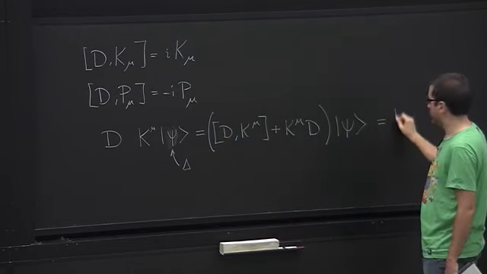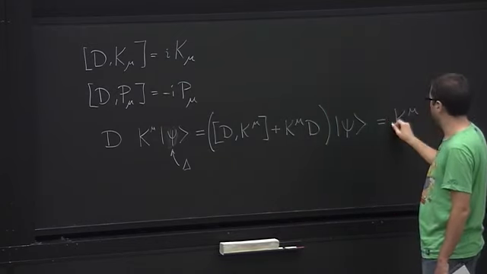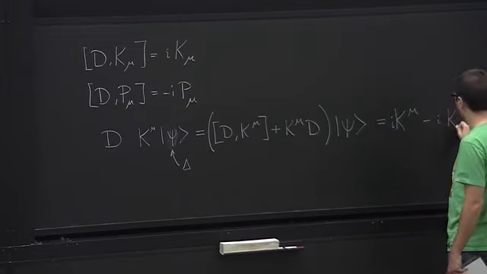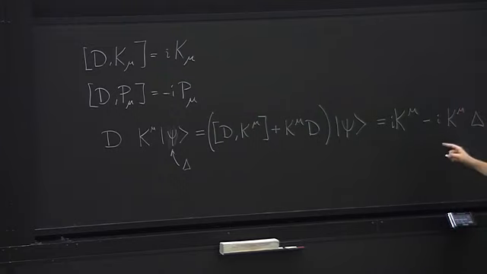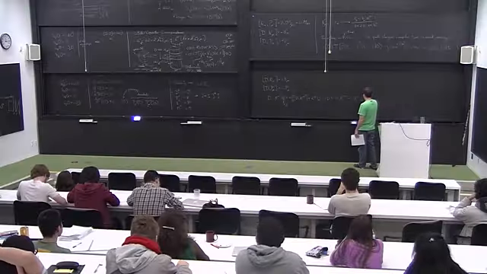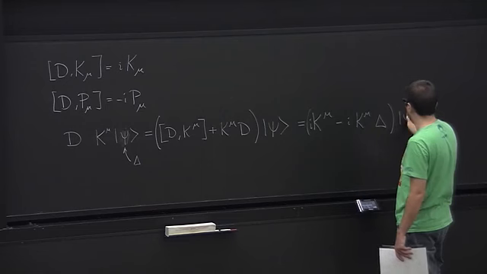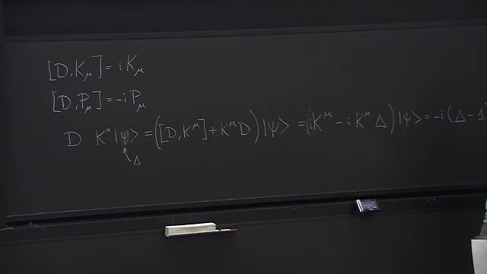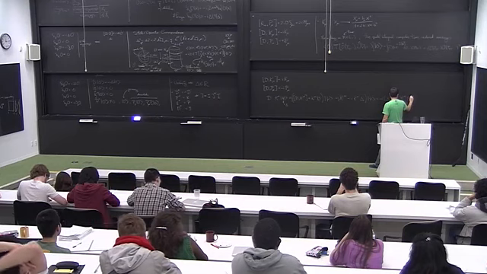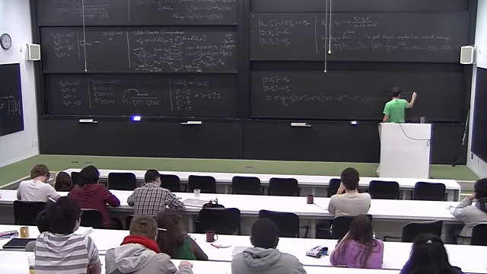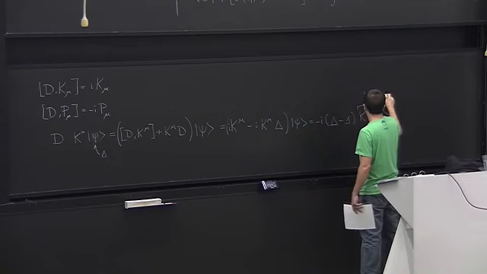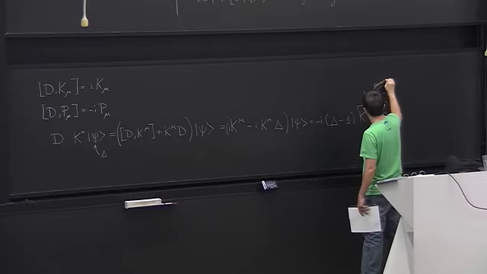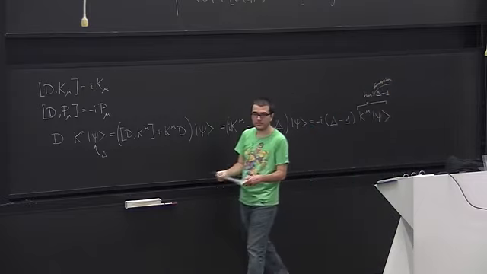And this is just equal to, the commutator is K mu with some I. D acting on the state is minus I K mu times delta, because remember D was giving minus I delta on the state, which is equal to minus I times delta minus 1 acting on K mu times psi. So we conclude that this state has dimension delta minus 1. Okay?